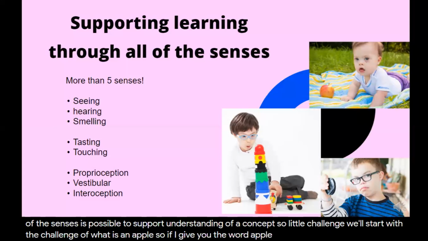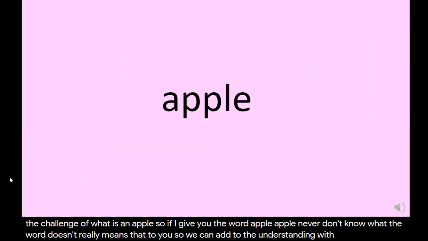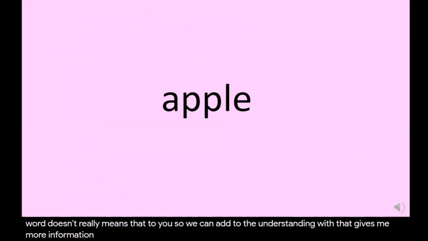if you've never seen an apple, don't know what an apple is, the word doesn't really mean much to you. So we can add to that understanding with the written word. That gives us more information, but not very much.